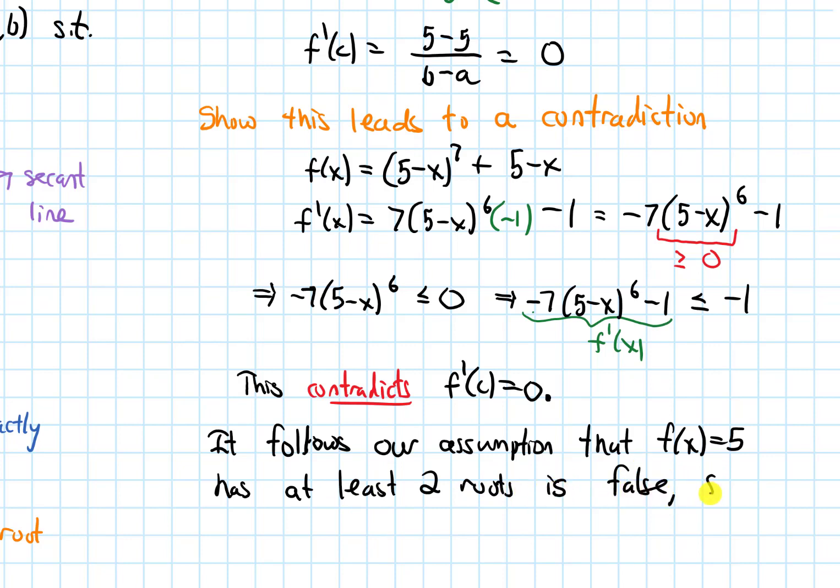And because that's false, that means that f of x equals 5 has at most 1 root. And that's what we needed to show to be able to complete the argument.